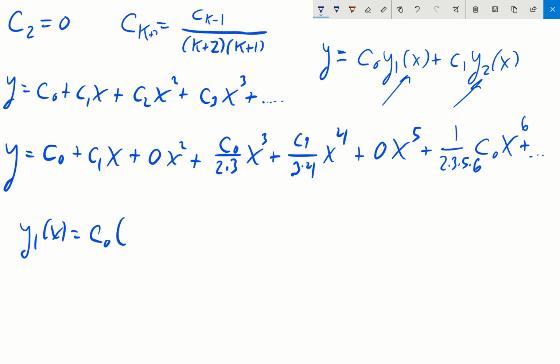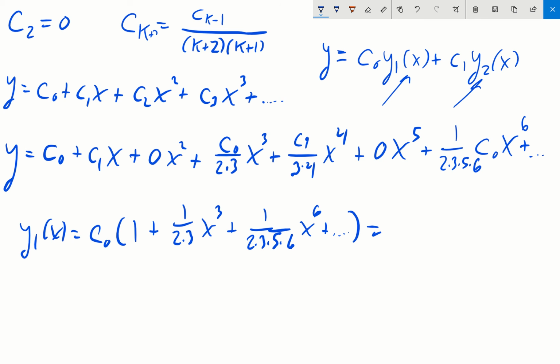If you factor out the C0 from the like terms here, you would have 1 plus this thing, which would be 1 over 2 times 3 x cubed. And then if we kept on going, I don't have the next one written down. Yeah, I do. C0 right here. Plus 1 over 2 times 3 times 5 times 6 x to the 6th, etc.